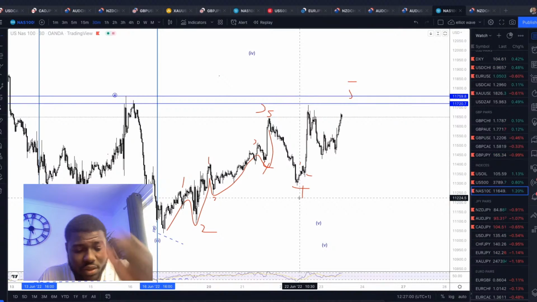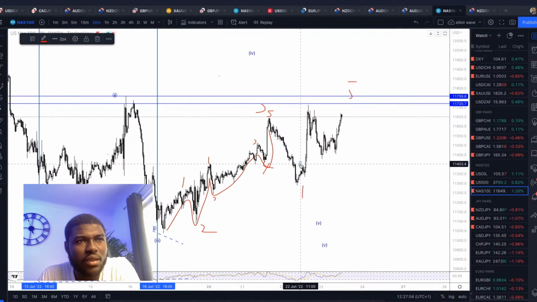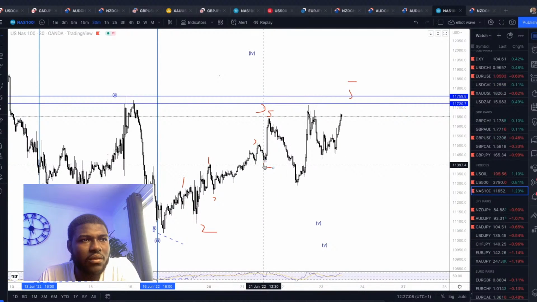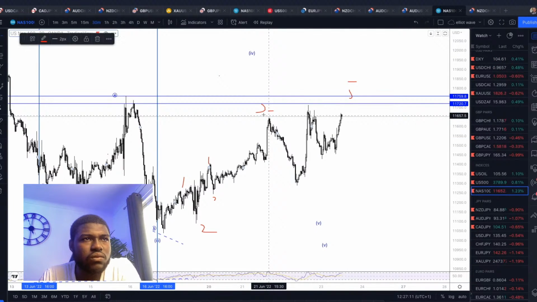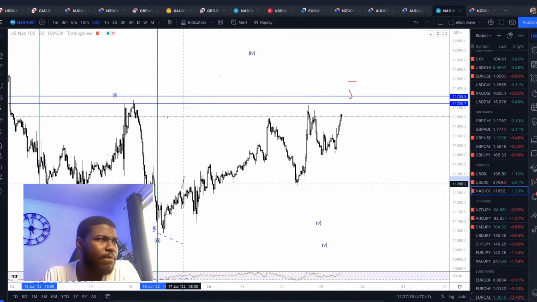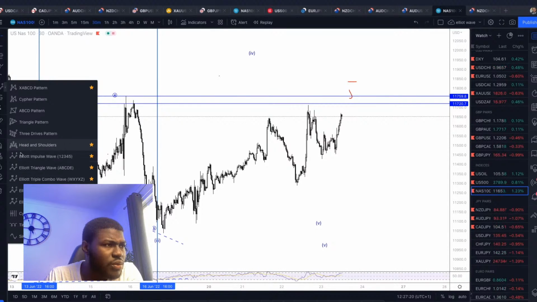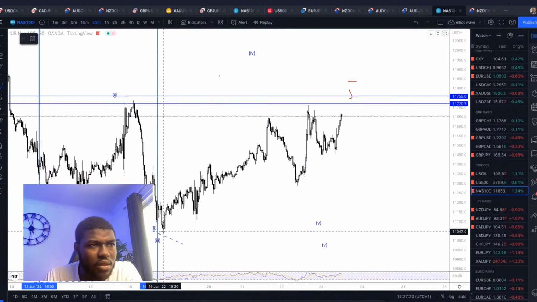because from what I could count here, let me delete all these my red lines so that you can see them properly. So where's my impulse tool? Yep, here it is.